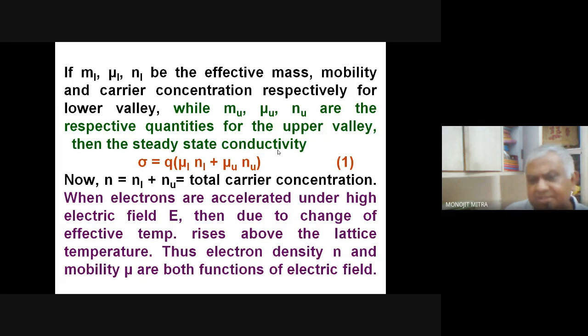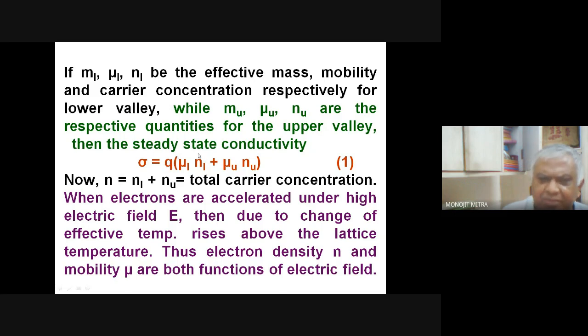But here, as I told you, electrons are not present in only one conduction band. So considering the lower valley and upper valley and their distribution, I have written that Q is the charge. It is common for every lower valley and upper valley electron because it's the charge of an electron.